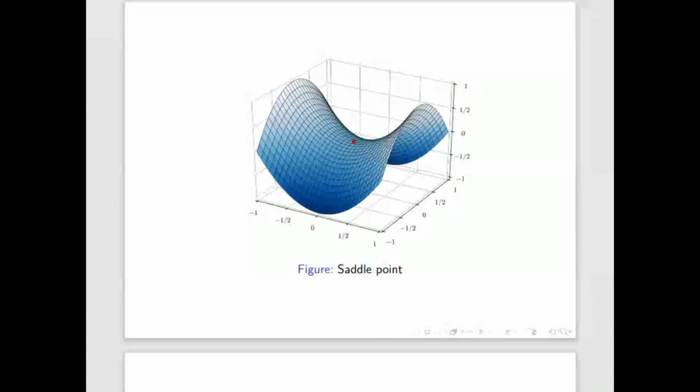See, if you take a disk around this with radius r, then on this side, if you search around this line, you will get some point where it has a minimum value. But if you go like this, then you will get a point near the center where it has a maximum value. So it is neither a maxima nor a minimum.